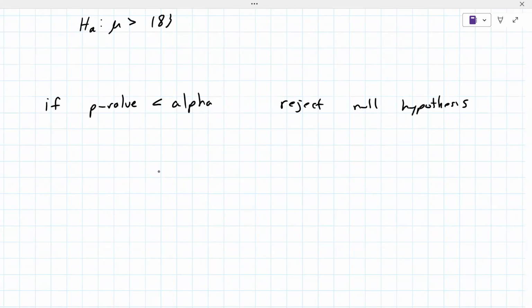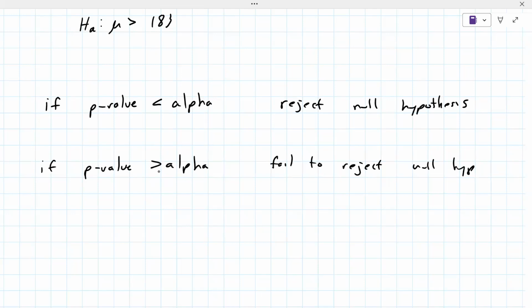You have to remember this, but it will never just ask you this directly. And similarly, if the p-value is greater than alpha, you fail to reject the null hypothesis.